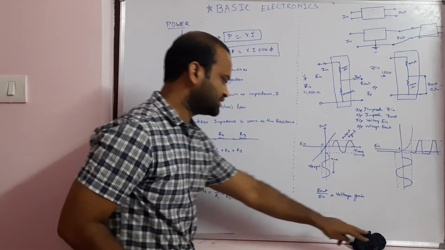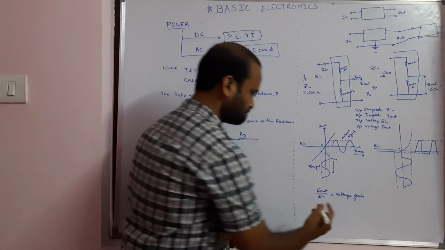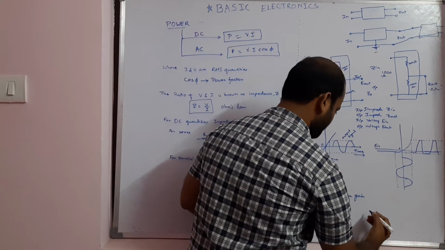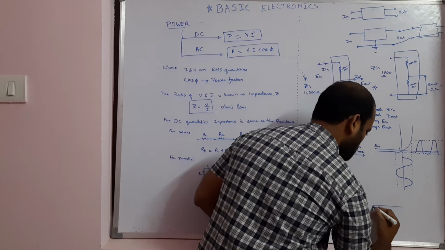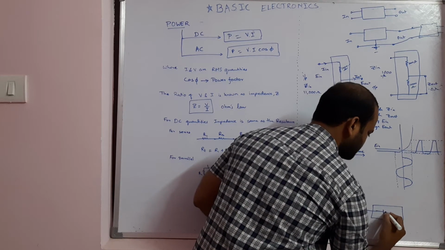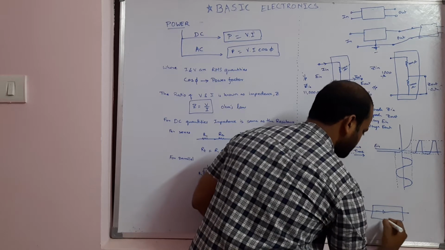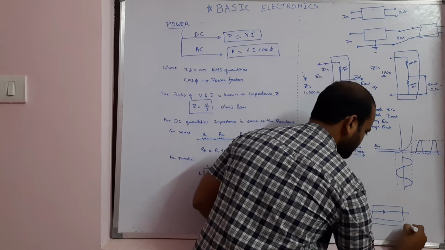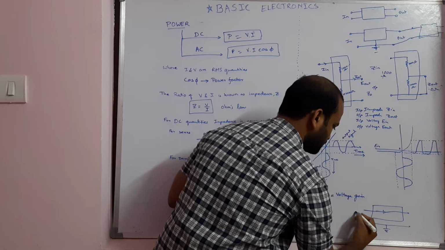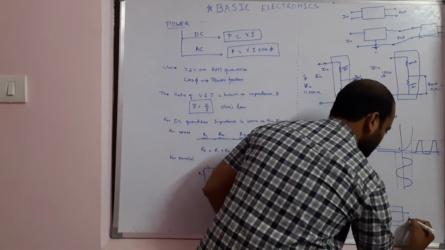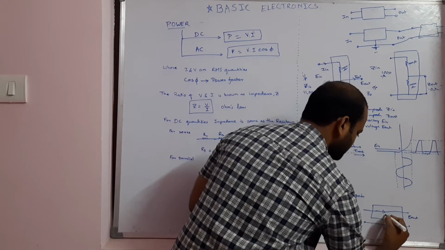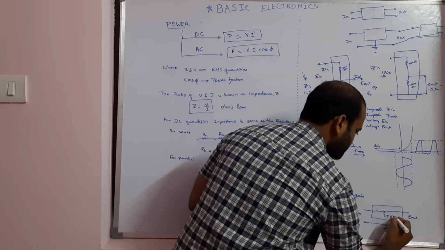Now consider a circuit with E in and E out, and this is 1.5 volts.